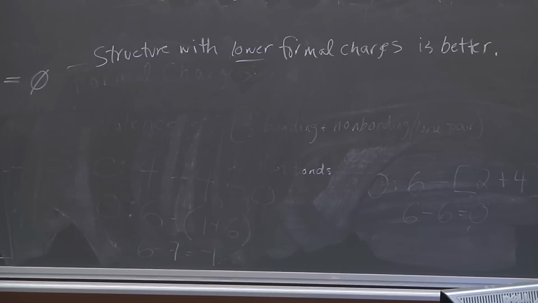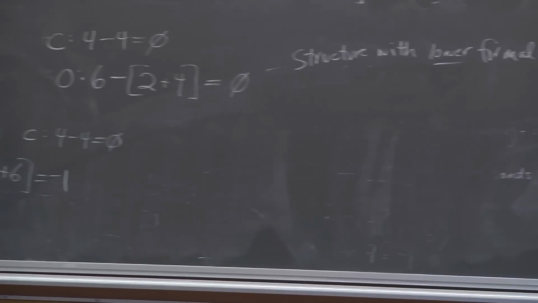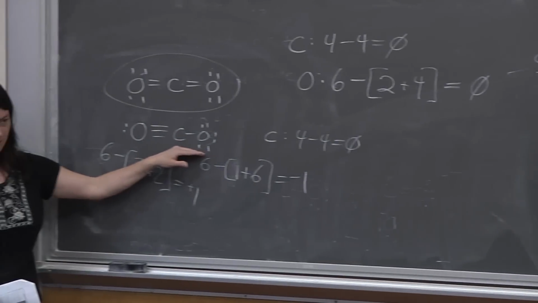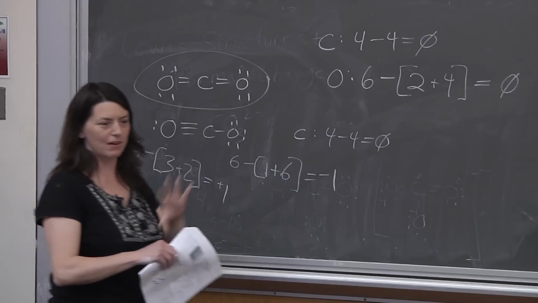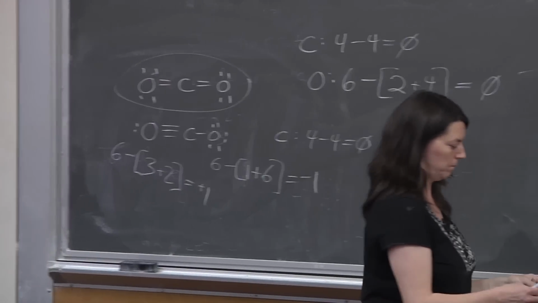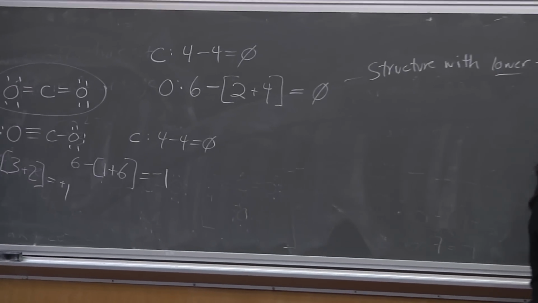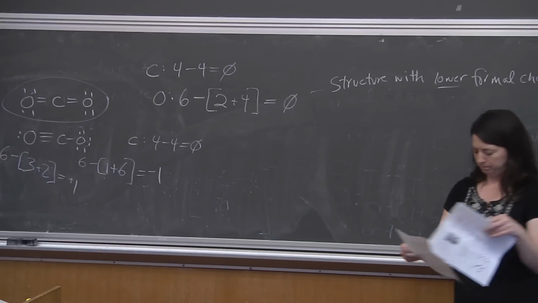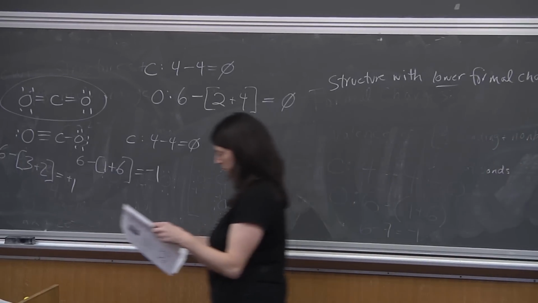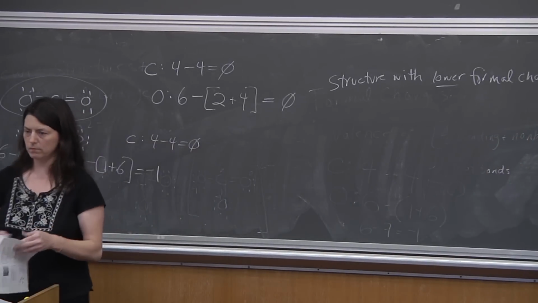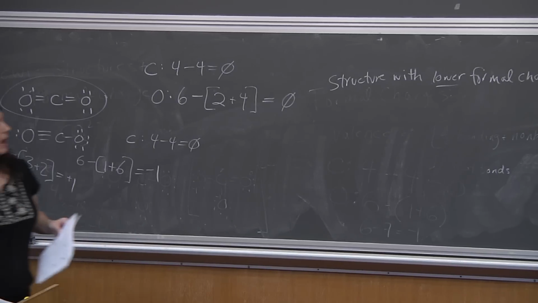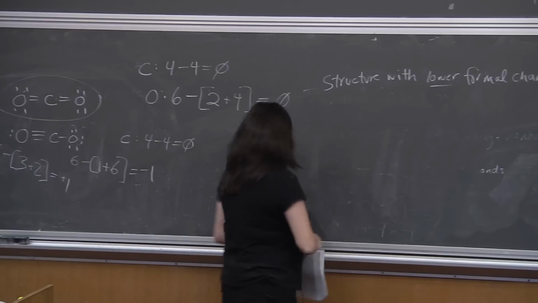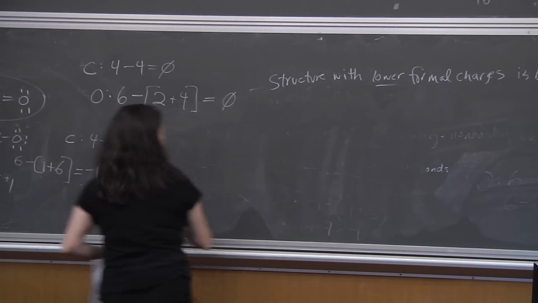For this one, you could do a resonance structure, because you could put the triple bond here and the single bond there. But these are considered not as good as this one because they have formal charges. So, the structure with lower formal charges is better.